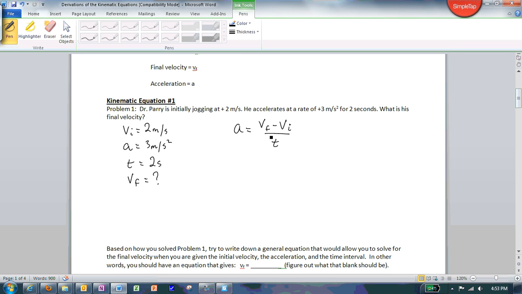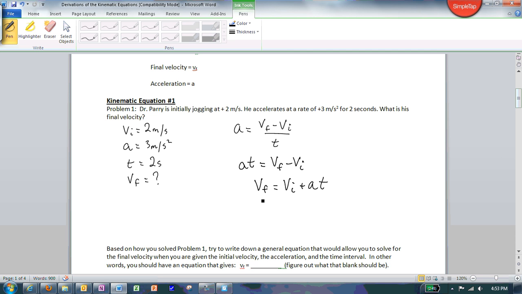Now, since we're trying to solve for the final velocity, we can do this before plugging in numbers at all. So we multiply by t, we get a t equals v final minus v initial, and then we can add the initial velocity to the other side. So in the end, we get v final equals v initial plus a times t.